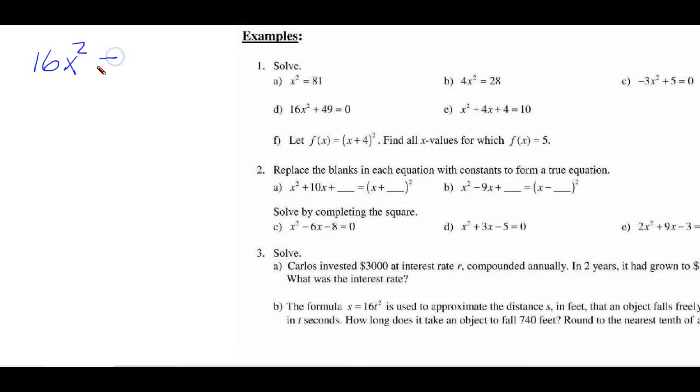Save a little bit of room. So this becomes a negative 49 on that side. I'm going to isolate the x squared by dividing both sides by 16.